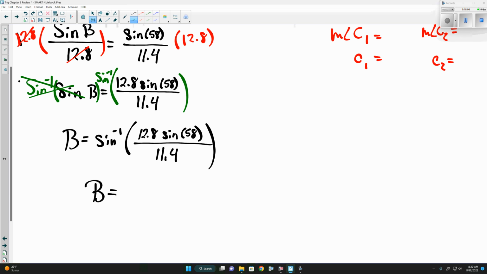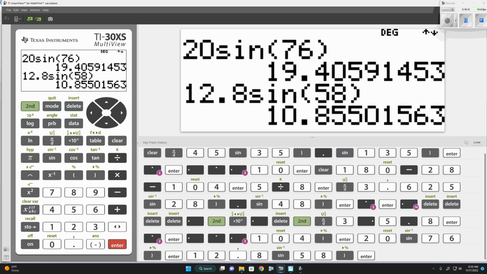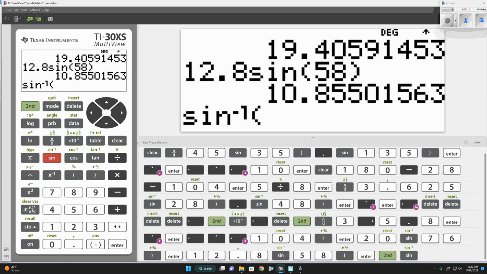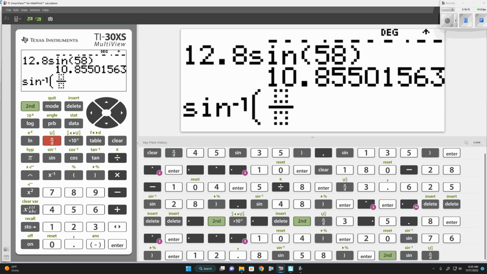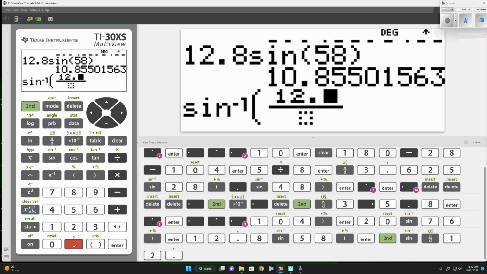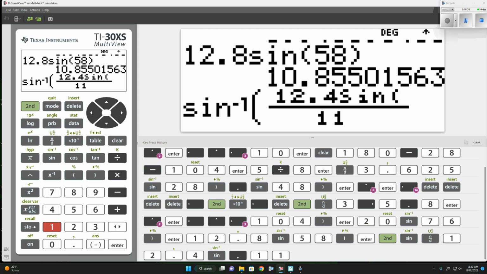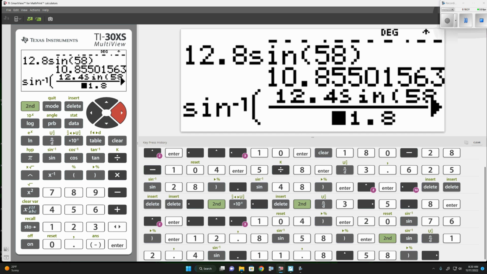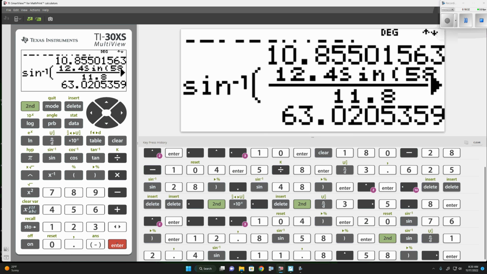The calculator will do it for us. So we say second, sine inverse, 12.8, 58, and we get this here, which tells us angle B is 63.02 degrees.